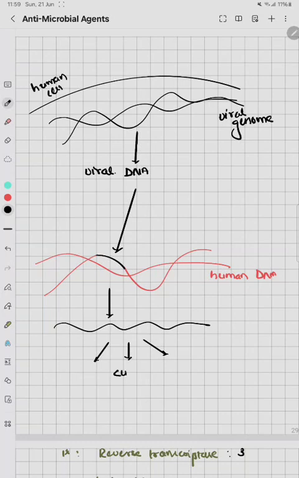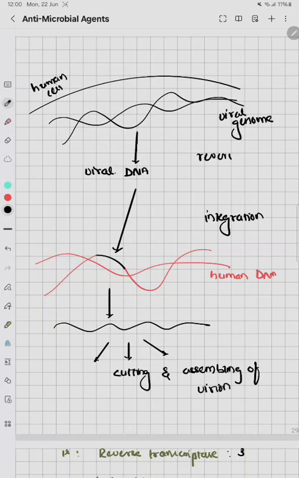So cutting and assembly of virion. Essentially we have discussed 3 steps here, which are reverse transcription, integration and protein formation, which is basically cutting and assembly of virion.